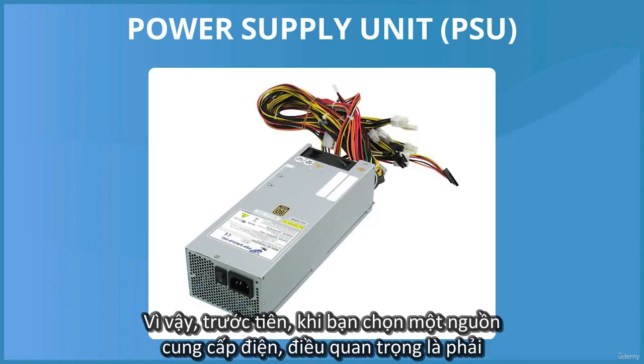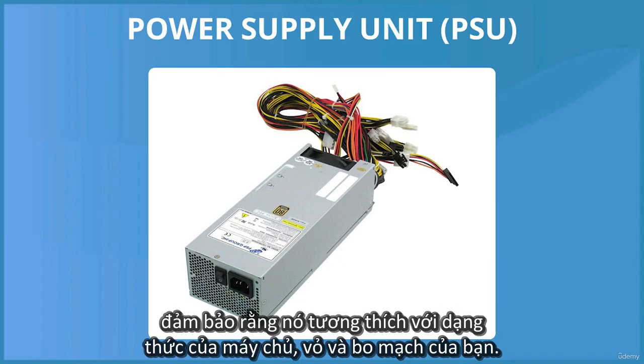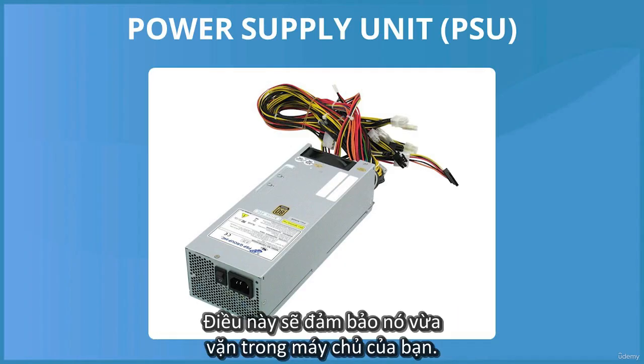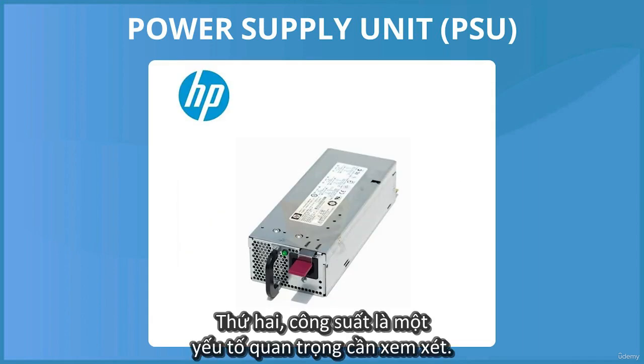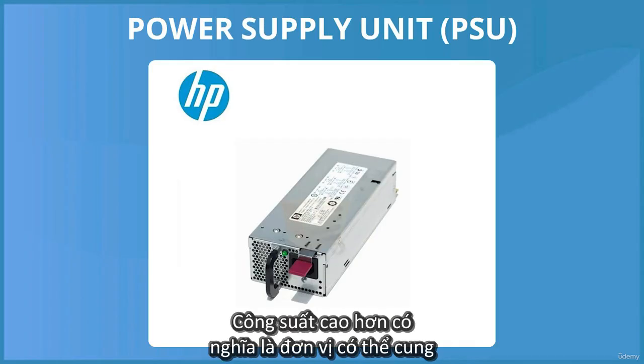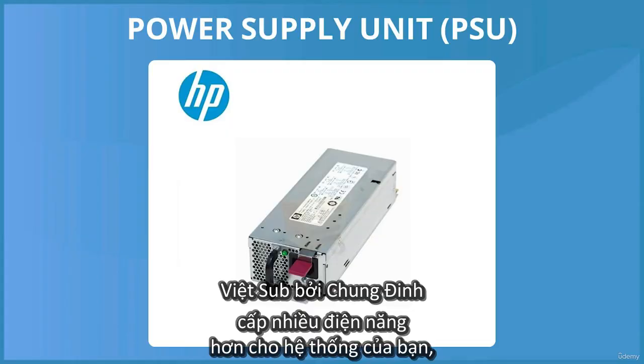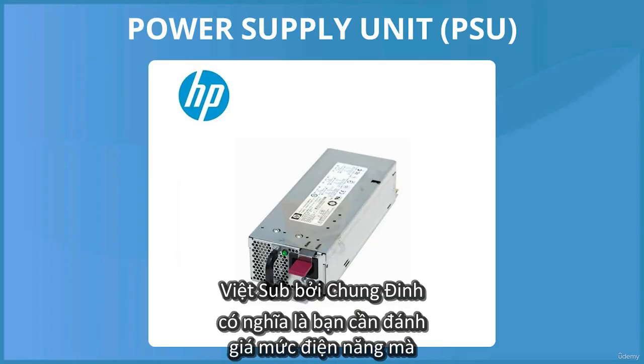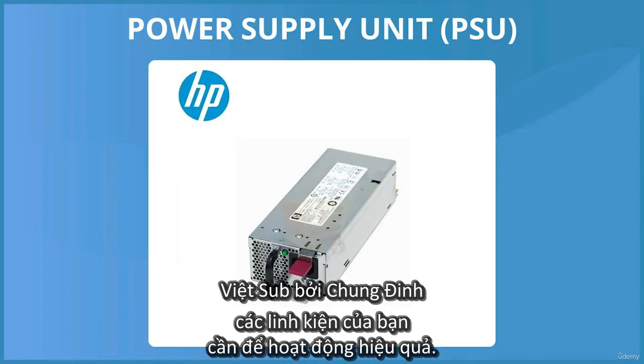So first, when you're choosing a power supply unit, it's important to make sure it's compatible with the form factor of your server case and motherboard. This will ensure it fits within your server. Secondly, wattage is an important factor to consider. The higher the wattage rating, the more power the unit can provide to your system, meaning that you need to evaluate how much power your components require to run effectively.